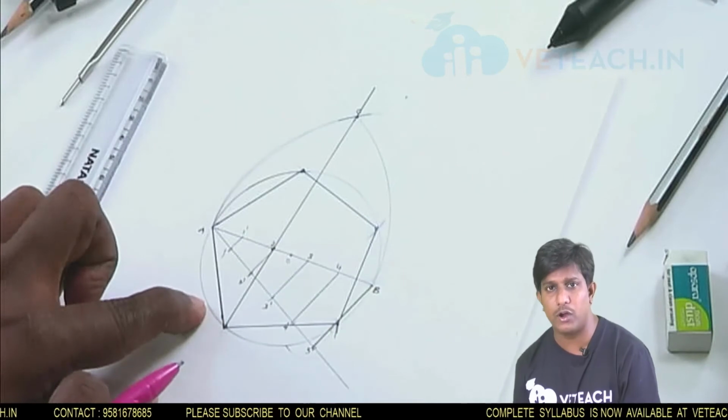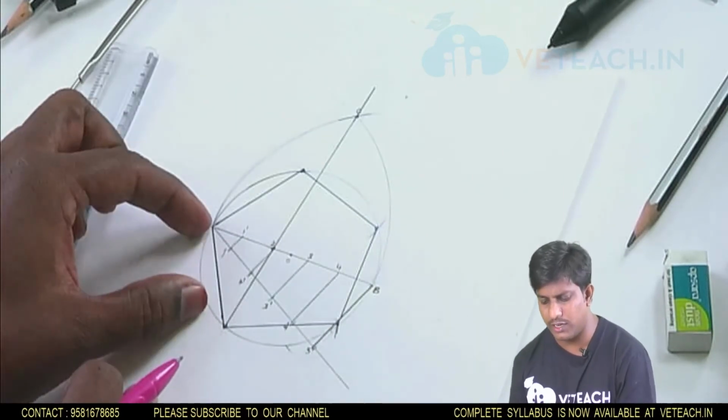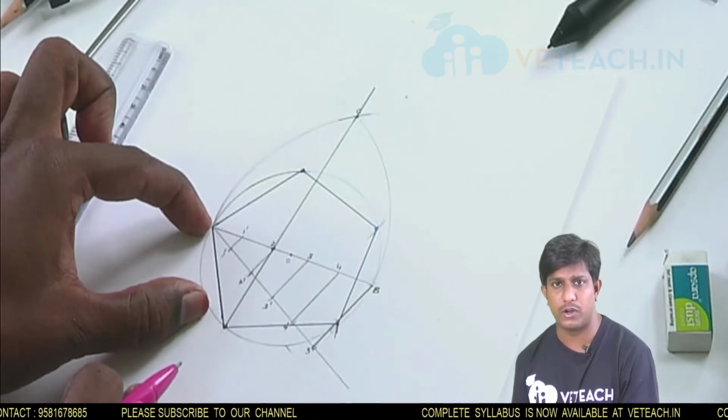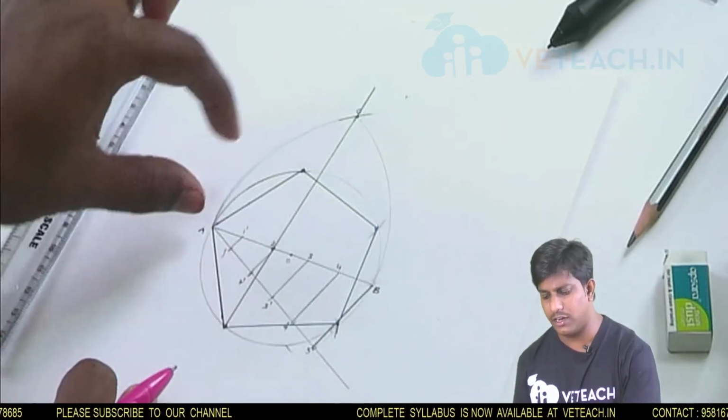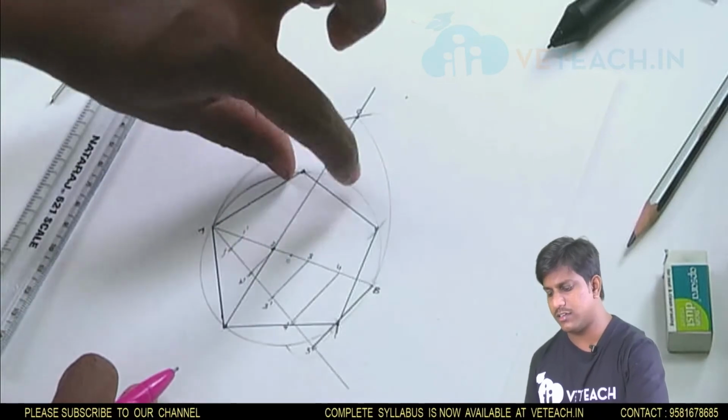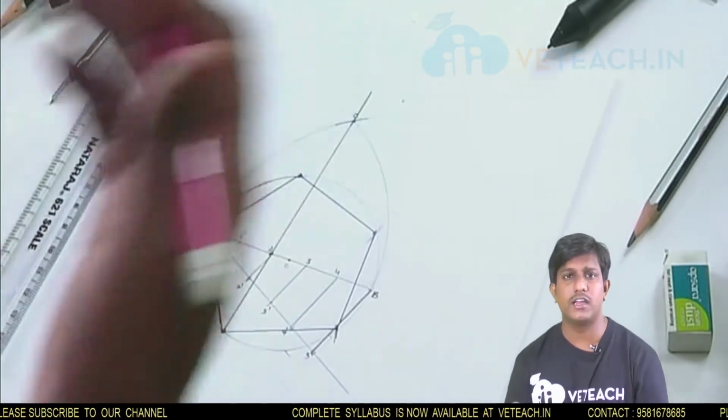Then we will get a point here. Join A and that point. Take that length and draw arcs on the circle. Then we will get a hexagon.